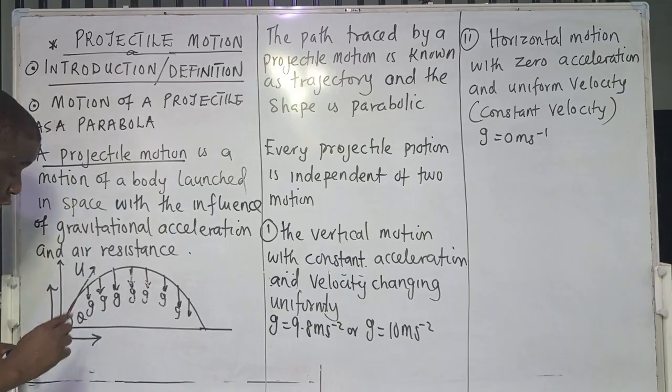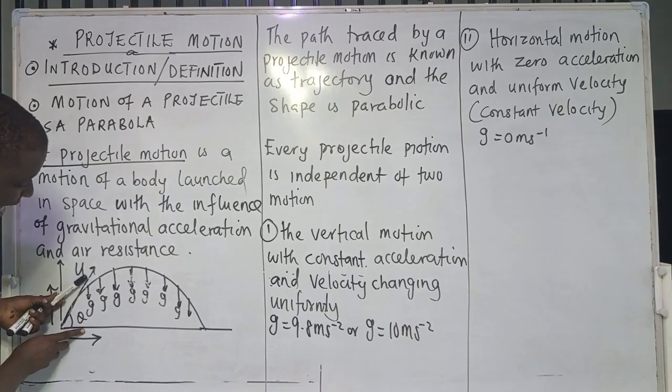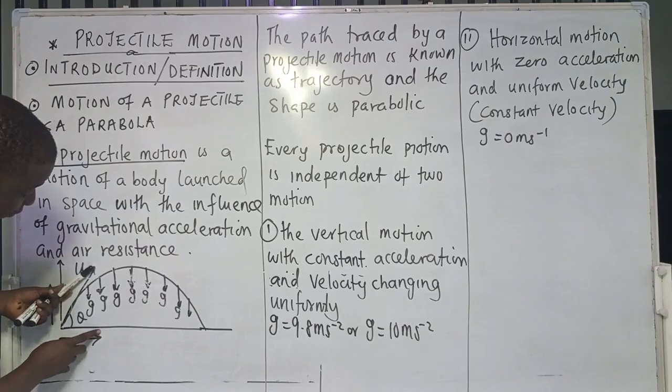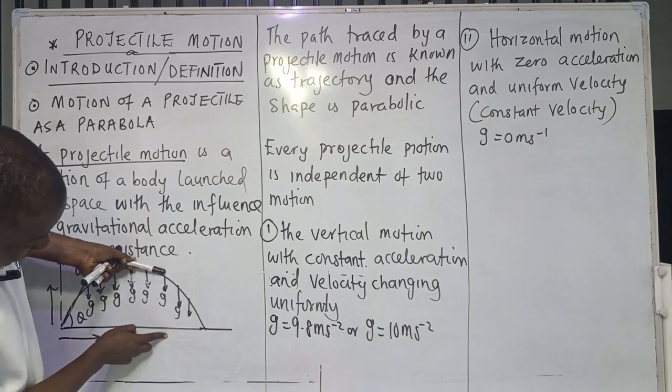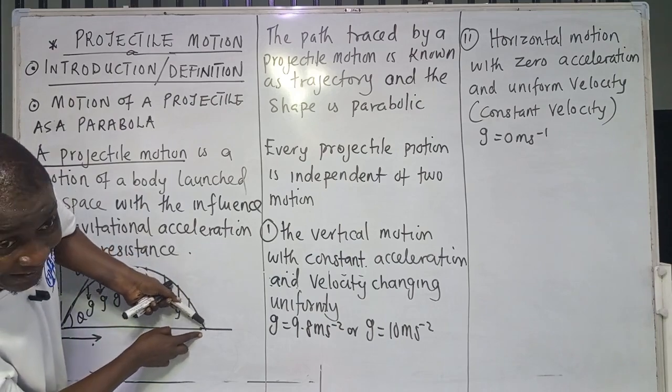Now, when you throw a body up from here, projected at an angle, let me show you something. The time it will take from A to that point, they will spend the same time.